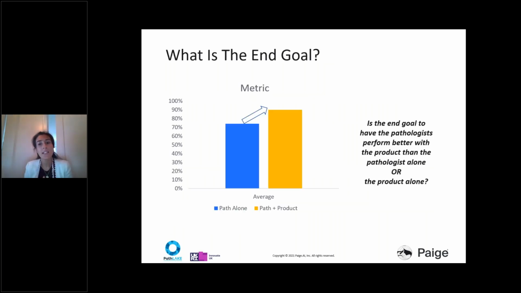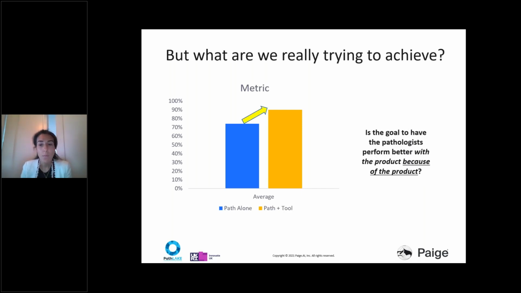And we need to take a step back and ask ourselves, what are we really trying to achieve versus what is the end goal? If the end goal is to have the pathologist perform better with the product than the pathologist alone, or the product alone, then our analysis is done. But what are we really trying to achieve?